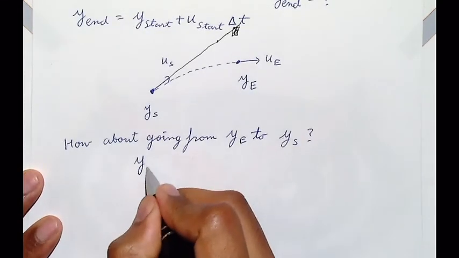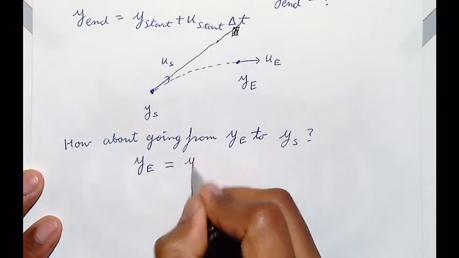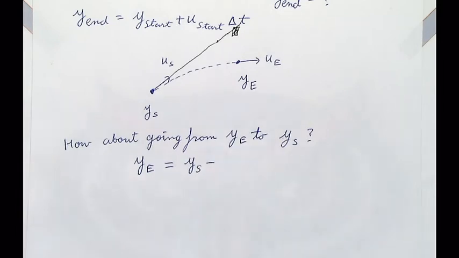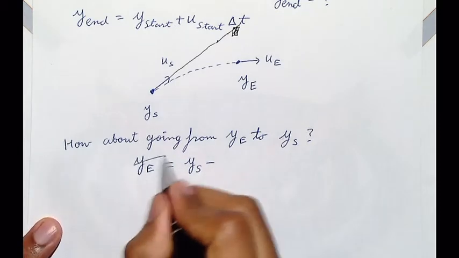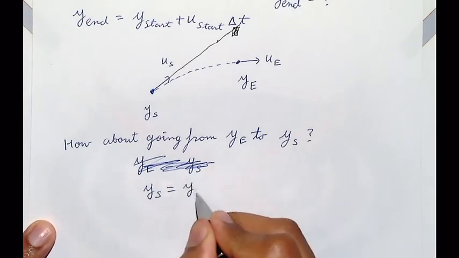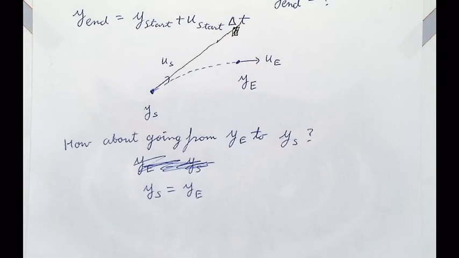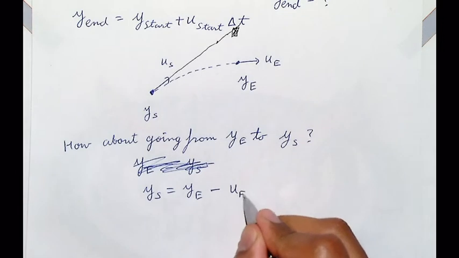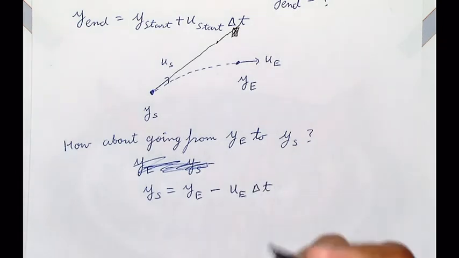If we use the same approximation that you mentioned, we would say y start plus, what would we say? Minus u start delta t. Right?